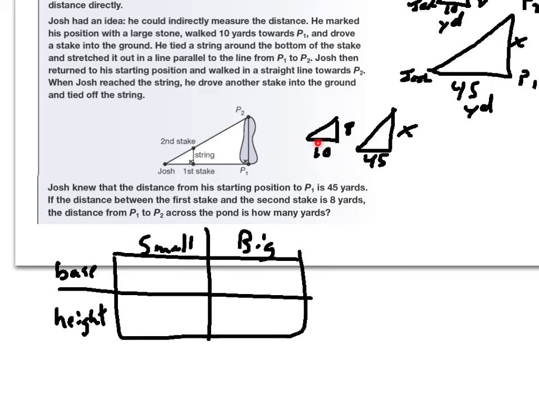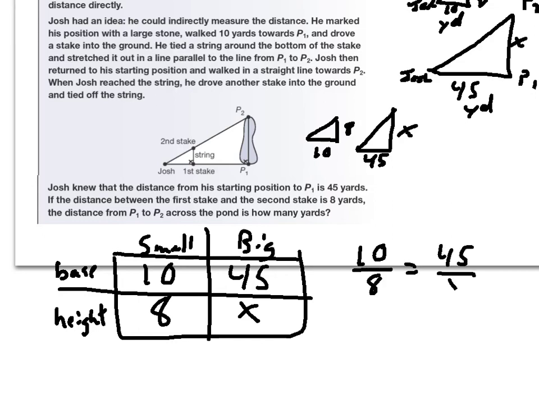The base of the small triangle is 10, and the height of the small triangle is 8. The base of the big triangle is 45, and we want to know the distance across the pond, the height of this triangle, in yards. So I'm going to set up a proportion and solve this: 10 over 8 equals 45 over x, and use cross products to solve.